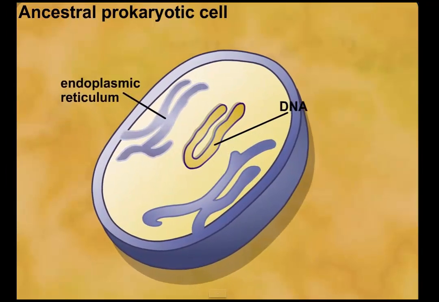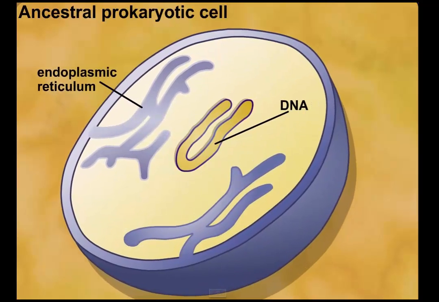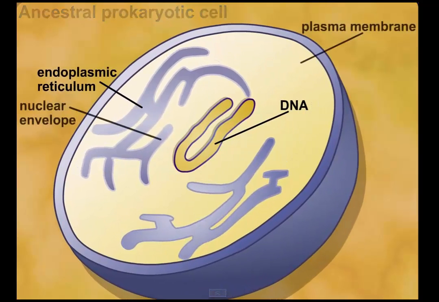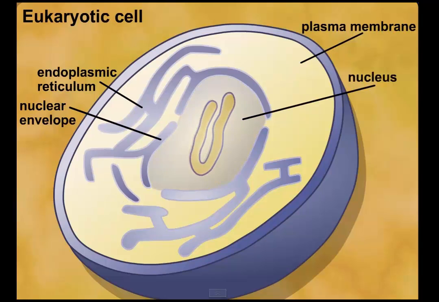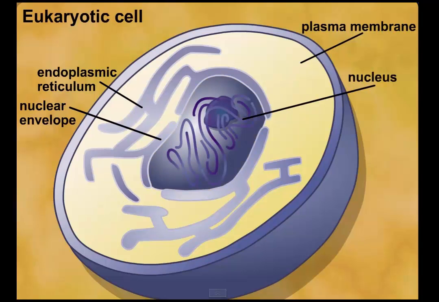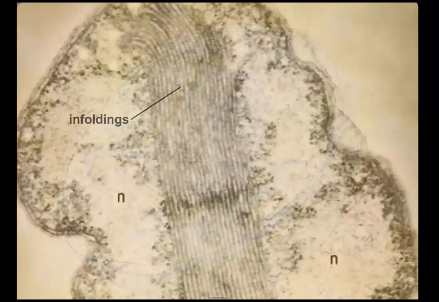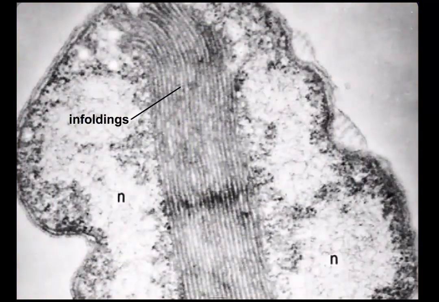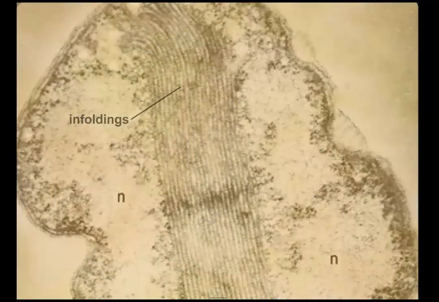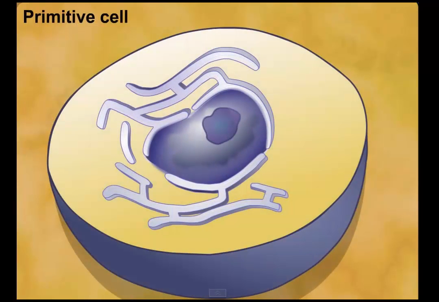The eukaryotic internal membrane system, called the endoplasmic reticulum, and the nuclear envelope may have evolved from infoldings of the plasma membrane in an ancestral prokaryotic cell. Such infoldings are common in modern prokaryotic cells.